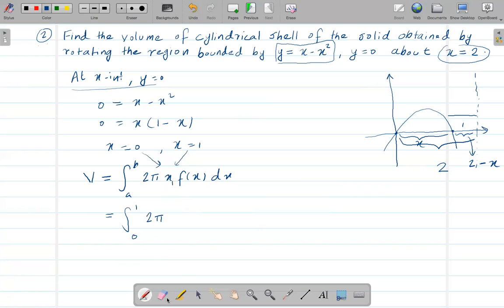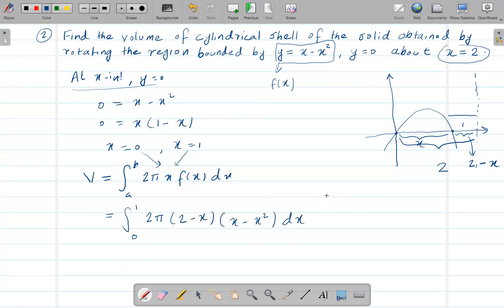So we have the new radius, which is 2 minus x, times f of x, where f of x is x minus x squared, dx.